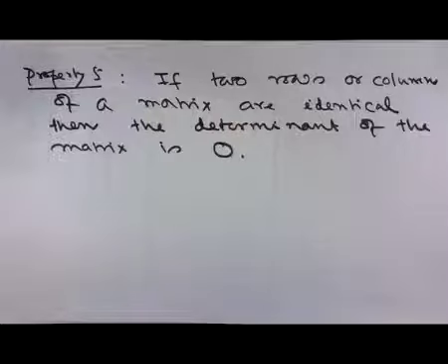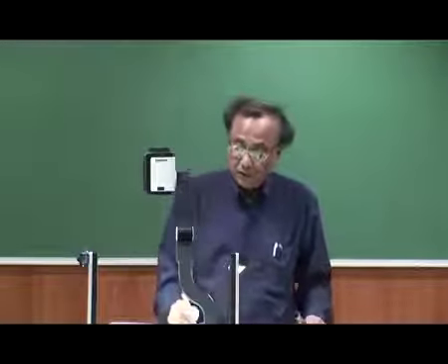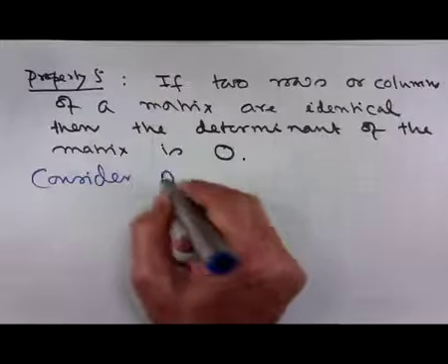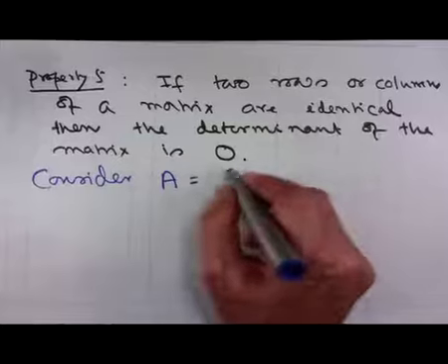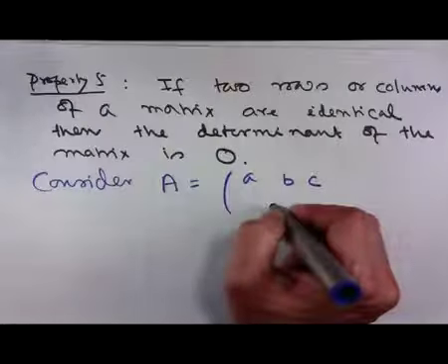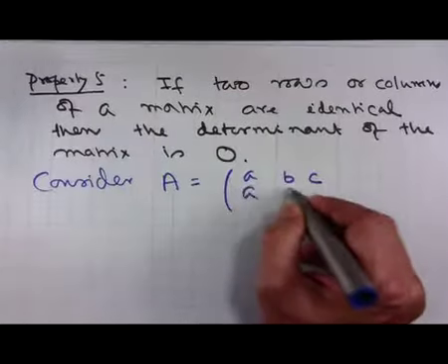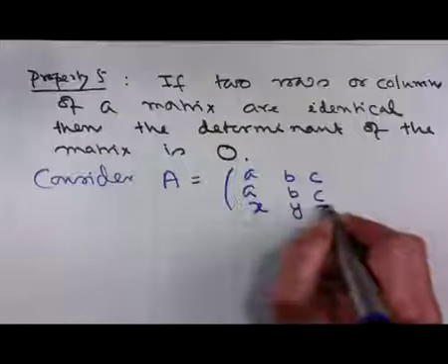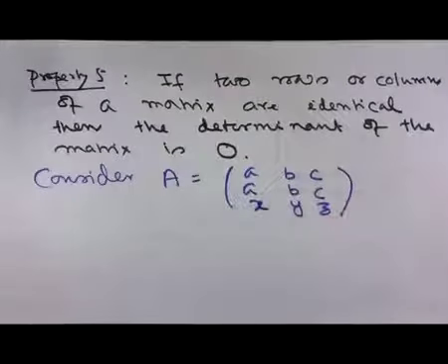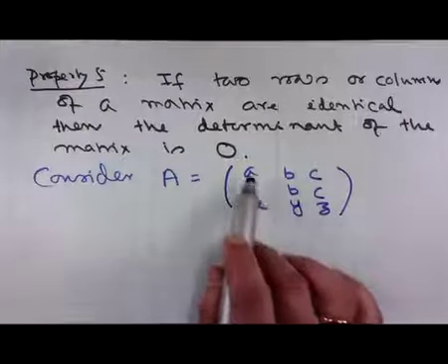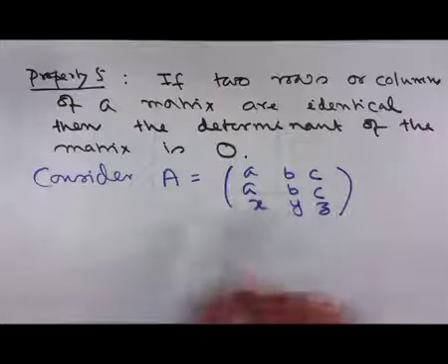Okay. Let me first verify this. Consider A is equal to A B C, A B C, X Y Z. So, the matrix is such that two rows are identical.